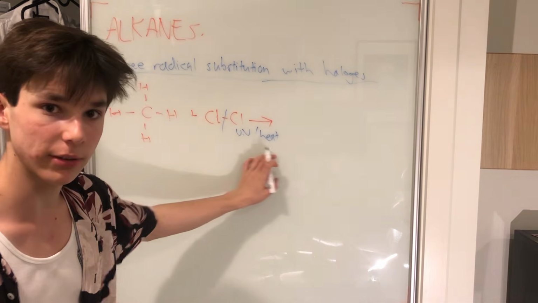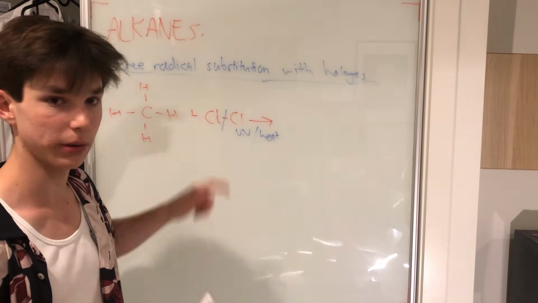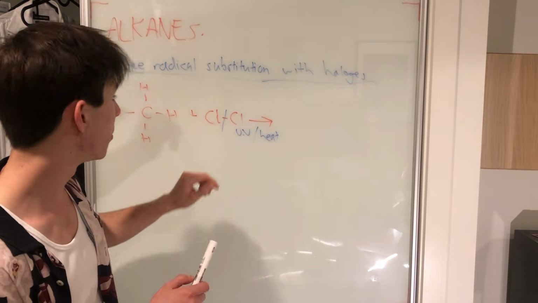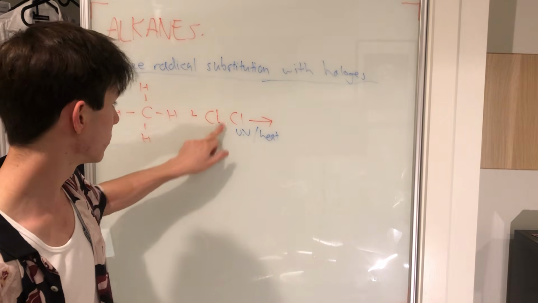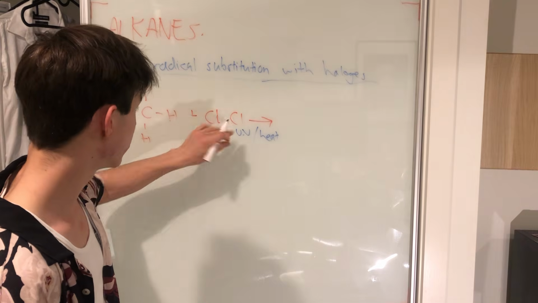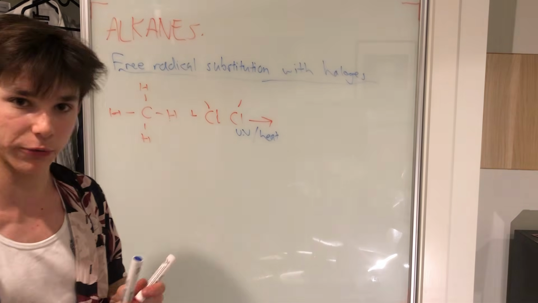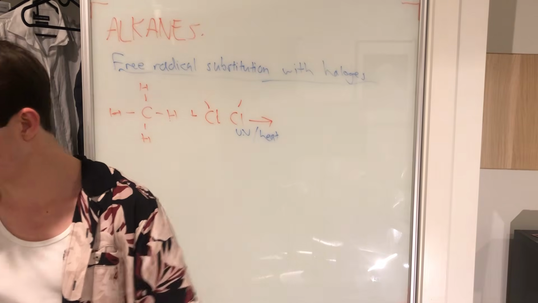So that's the conditions for this reaction to occur. UV light or heat, because we need to break this bond somehow. And when we break that bond, we have what we call free radicals. So they're these two chlorine atoms that the bond is broken, but they're both ready to form a bond now. So we call them free radicals. They're really eager to form a bond.